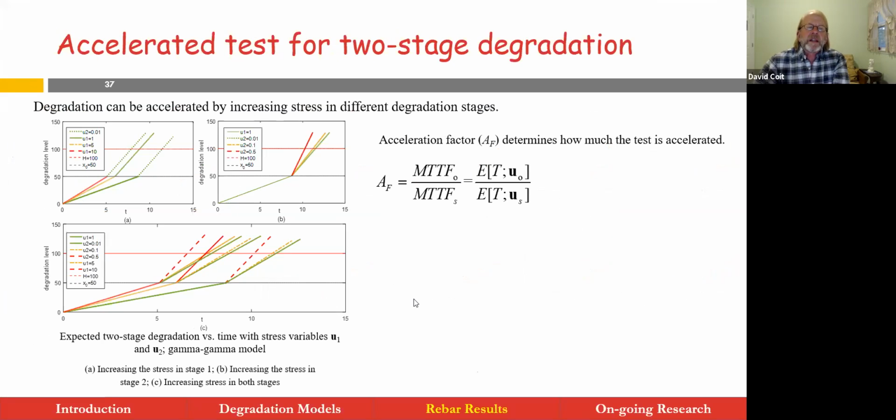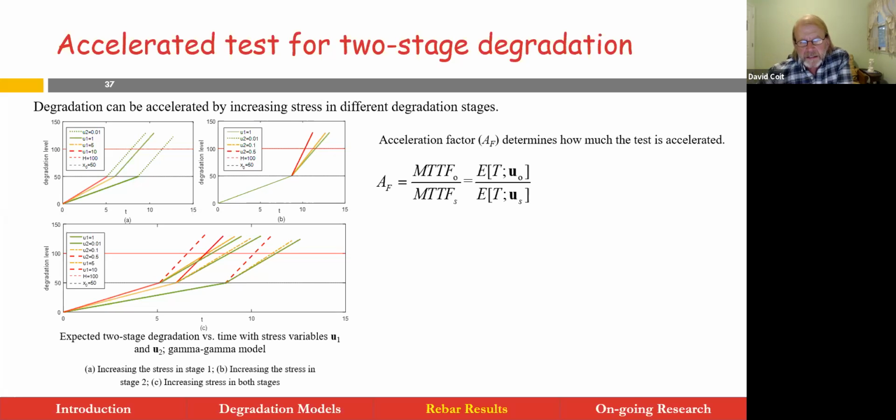Now, the other great thing we can do is get acceleration factor, AF. What does AF mean in words? 1 hour in the laboratory translates to AF hours of field performance. Now, in theory, and the graph on the left is from the more conceptual theoretical paper, we happen to know that the chloride affects both stage 1 and stage 2.